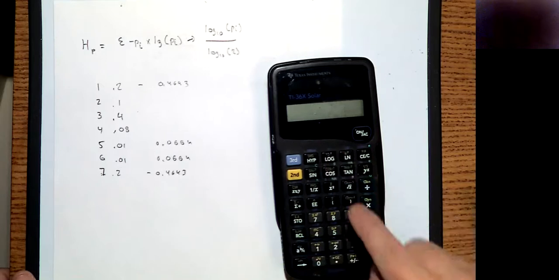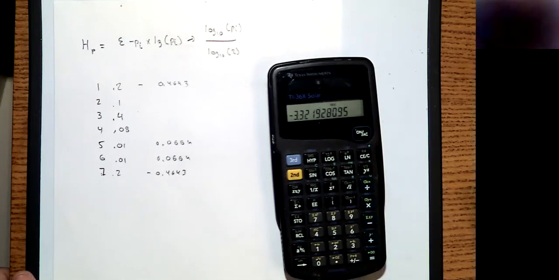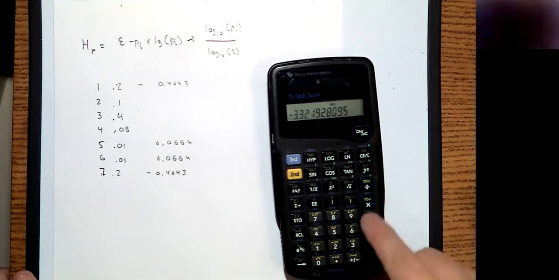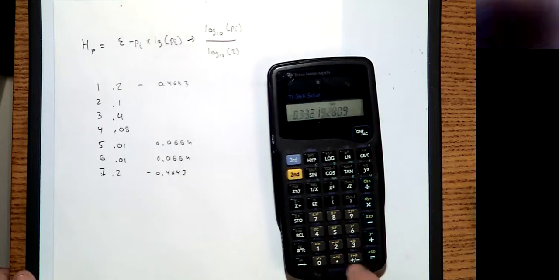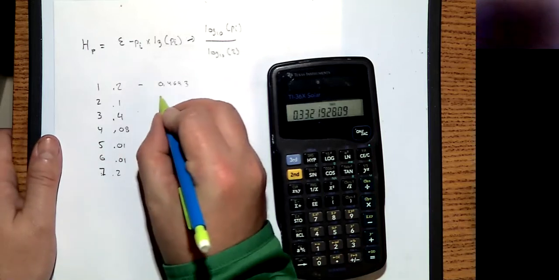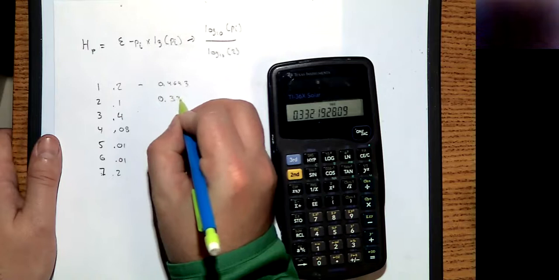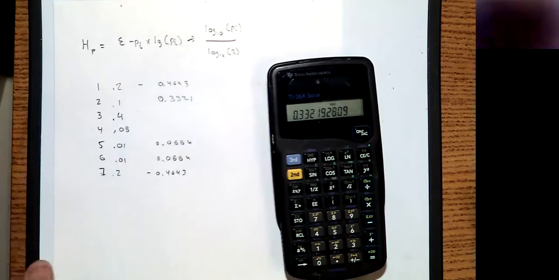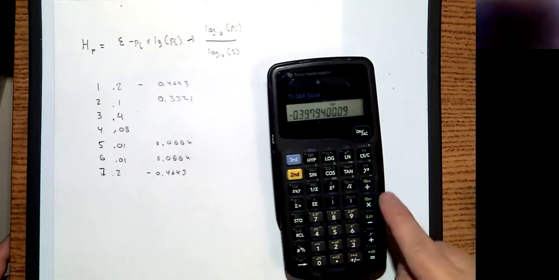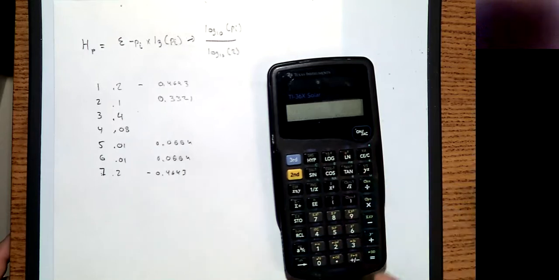So now we only have 3 left. We take log of 0.1 divided by log of 2. That's negative 3.32. We multiply that by 0.1, take the negative, so that gives us 0.3321. For 0.4, we do the same thing: log of 0.4 divided by log of 2, and then we multiply times 0.4.